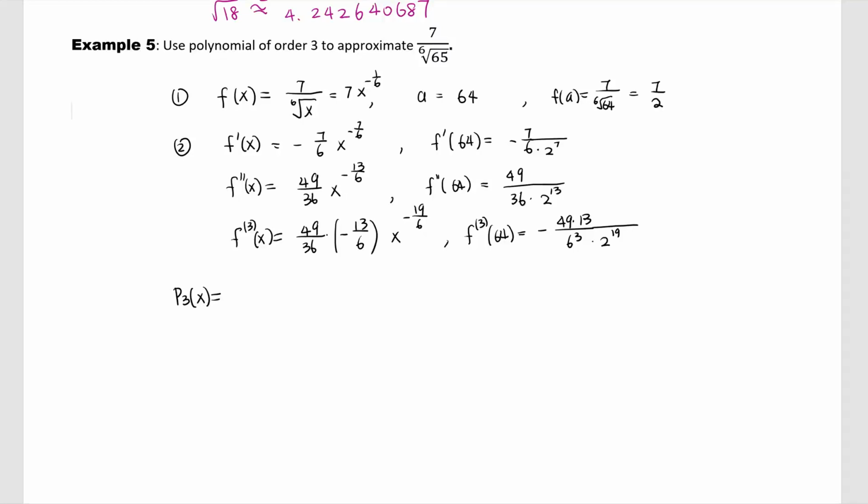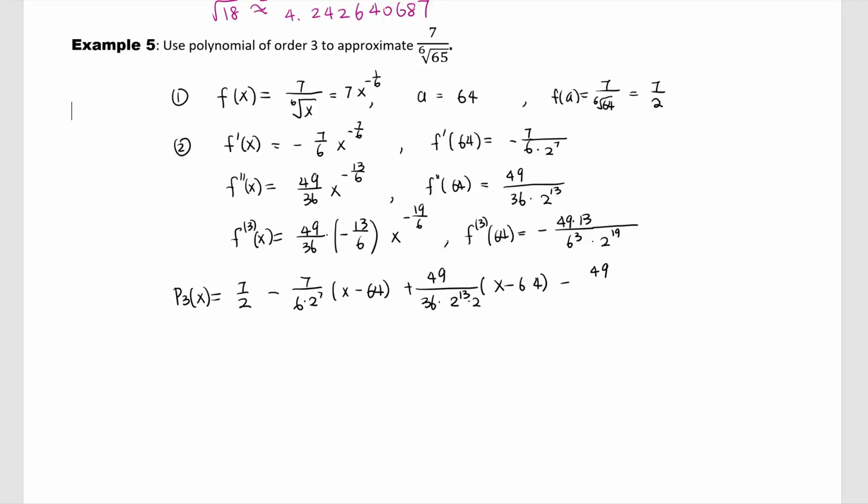So that's f of a, f prime of a, which is negative 7 over 6, 2 to the 7, times x minus 64. Then f double prime of a, so 49 over 36, 2 to the 13, times x minus 64 squared, over 2.